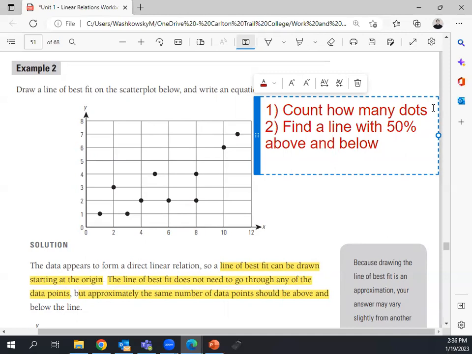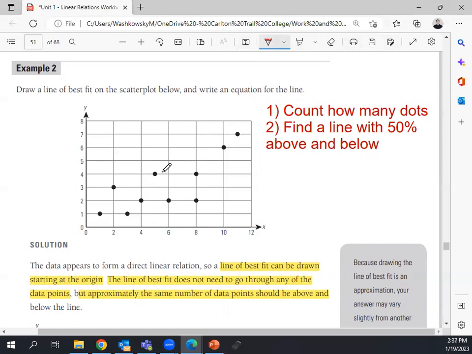Then you just try and split those up. If I know I have 10 points, I need to try and find a line that's going to have 5 points above it and 5 points below it. You can be off. It could be like 6 and 4, but you generally want to keep it close to half. Again, there's not some exact way to do it.